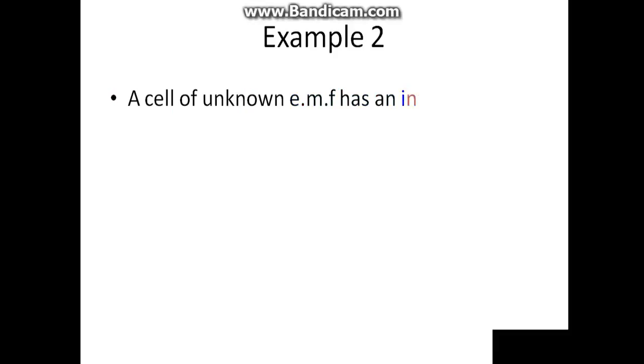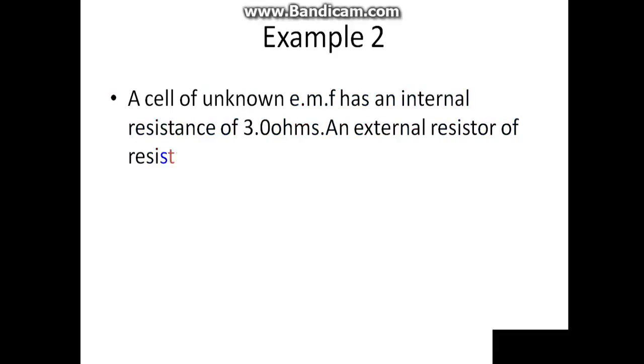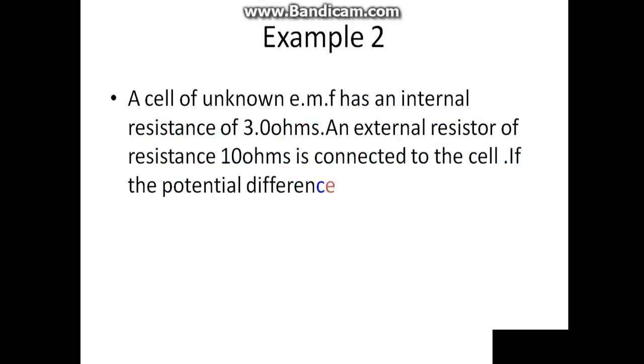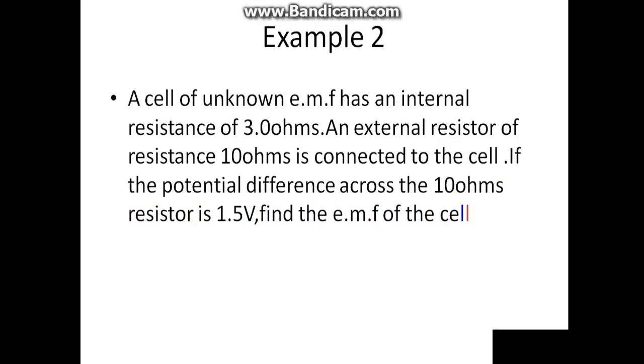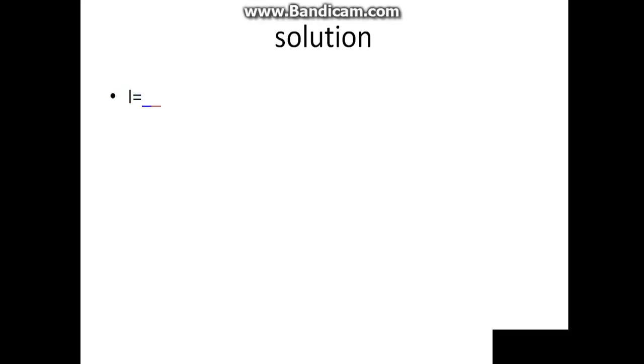Example 2. A cell of unknown EMF has an internal resistance of 3.0 ohms. An external resistance of 10 ohms is connected to the cell. If the potential difference across the 10 ohm resistor is 1.5 volts, find the EMF of the cell. Solution.